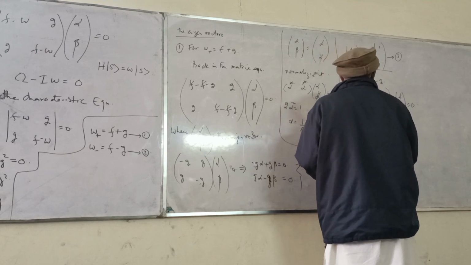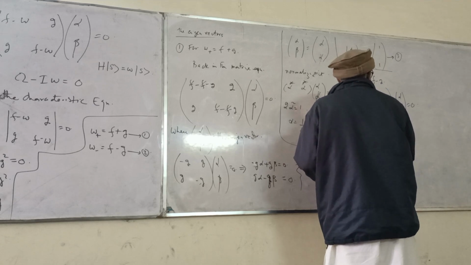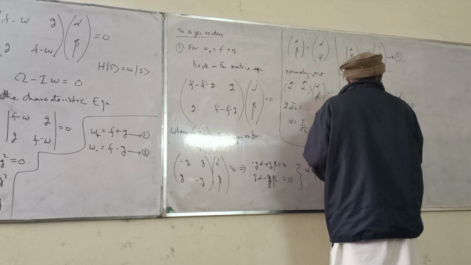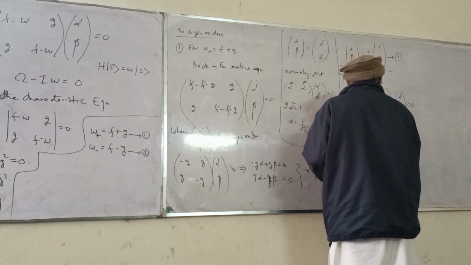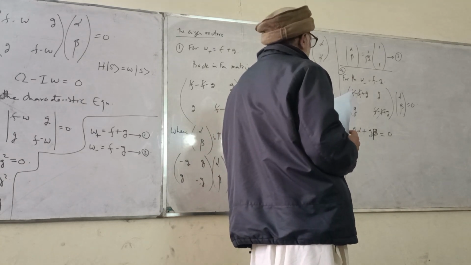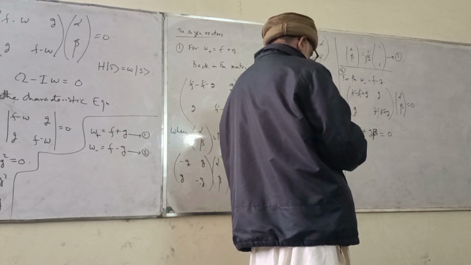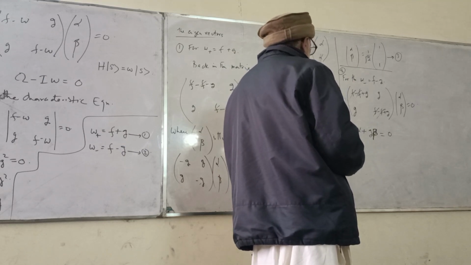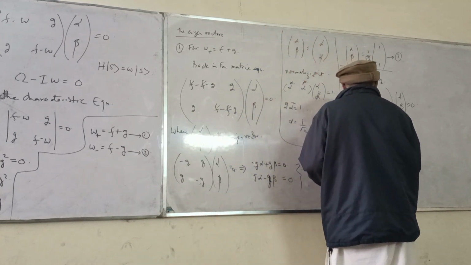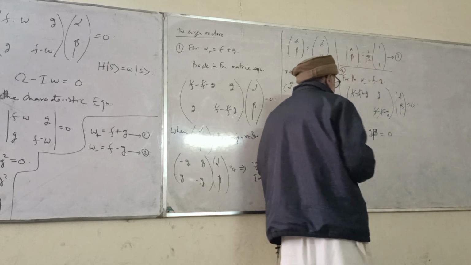So g alpha plus g beta equal to 0 is the same. So we don't need to write that. So dividing by g, we get alpha is equal to minus beta, beta is equal to minus alpha, the same thing.